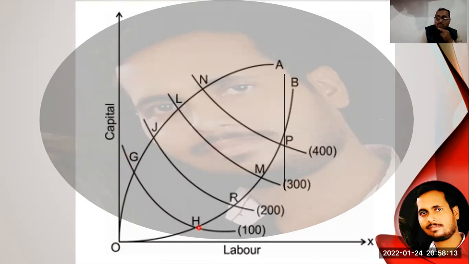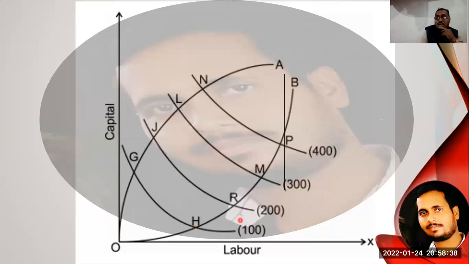If the entrepreneur changes the labor from G to H, it is fertile, it is productive, providing the same proportion of production, but after point G and after point H, the capital or the labor will not be changed, the other factor will be changed, and it provides 0 marginal productivity.